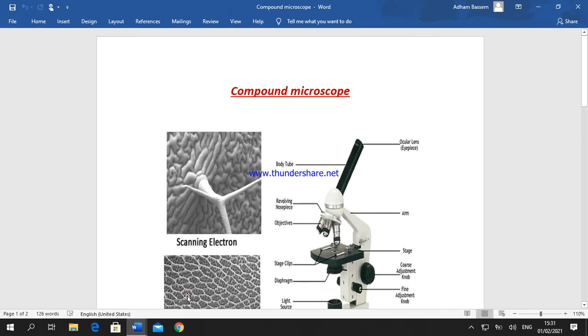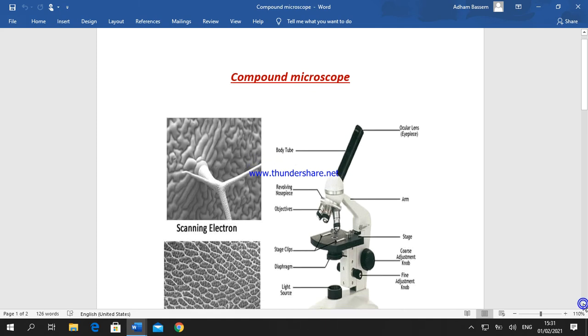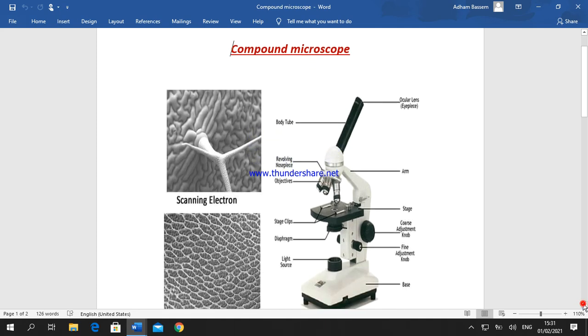The compound microscope. A compound microscope is a type of light microscope. It consists of many parts. Number one, eyepiece lens.